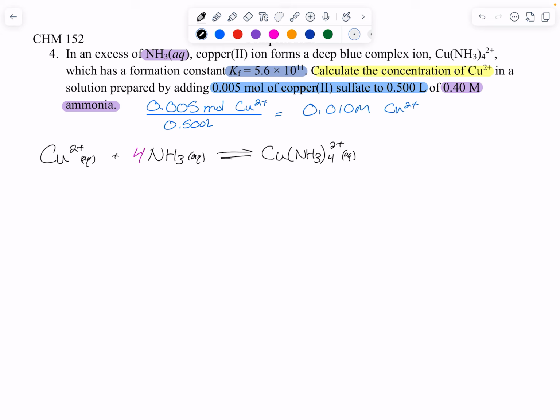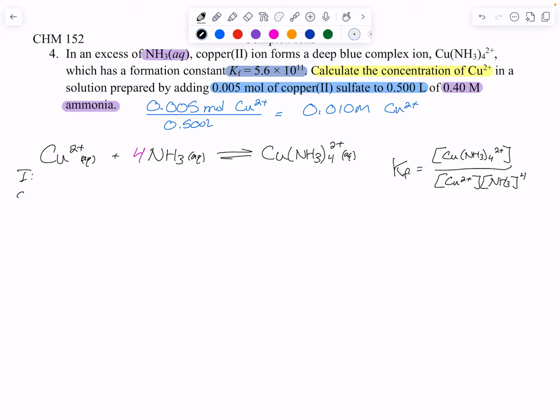And then Kf is huge, right? So the Kf expression is equal to Cu(NH3)4 2+ all over Cu2+ and NH3 to the 4th power.